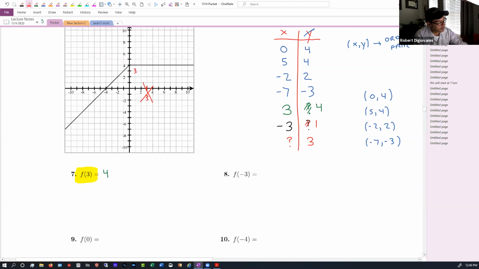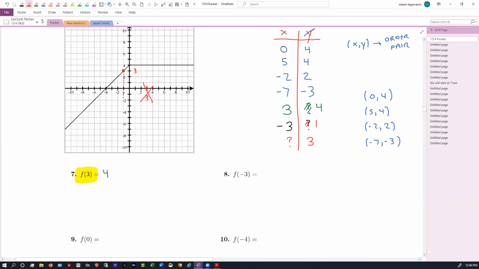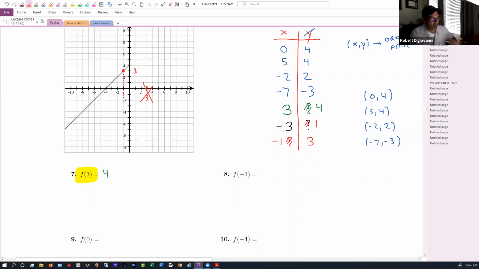And I'm going to look to the left and to the right to try and figure out where that point is, which I just put in red. And then I'm going to go down and see what x value that came from. Can you all tell what x value that is? -1. Good. So -1 is where that comes from. So that would be the answer to number 12.